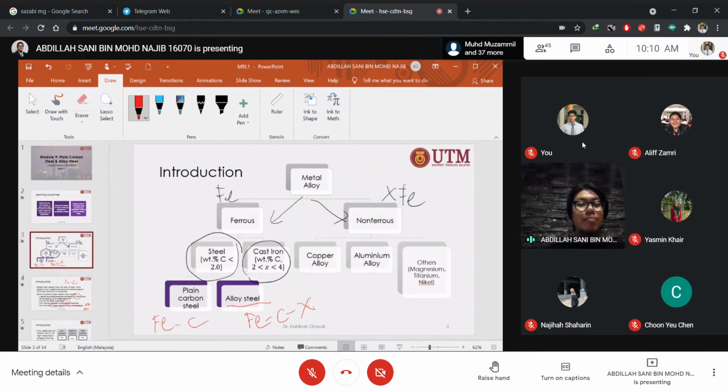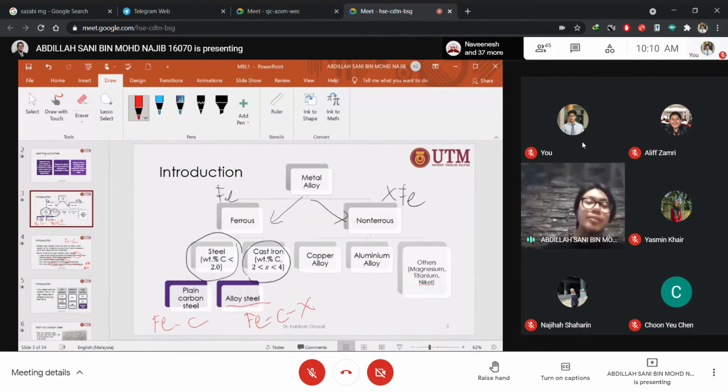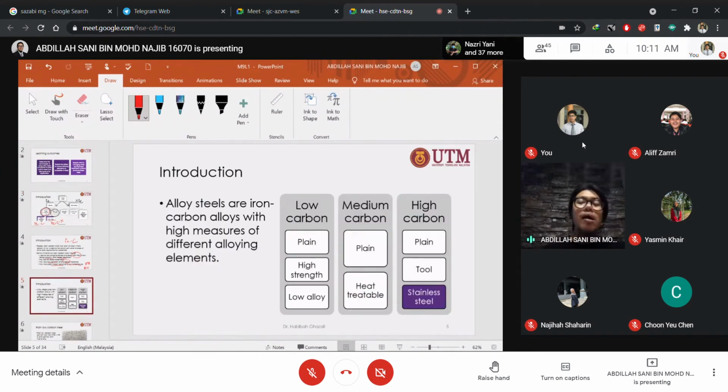So this is the plain carbon steel, and the alloy steel. From here we could classify it depending on the carbon content. We will see in the following slides how much the carbon content is.